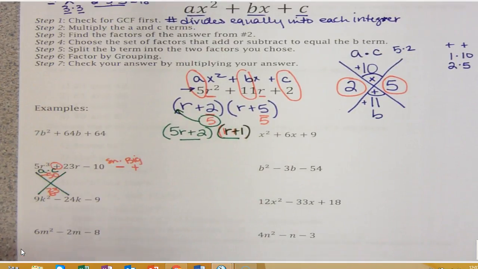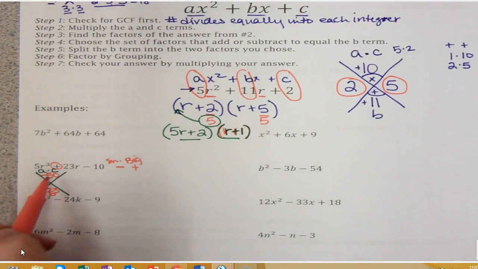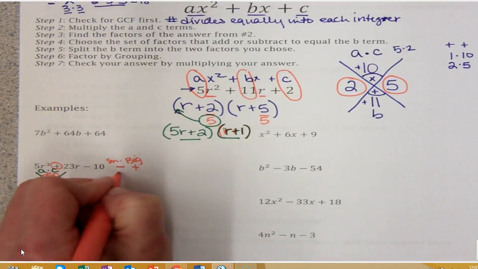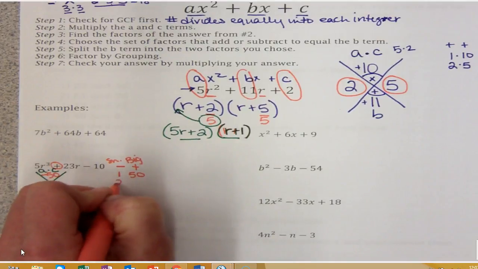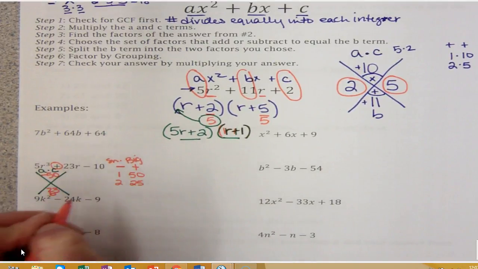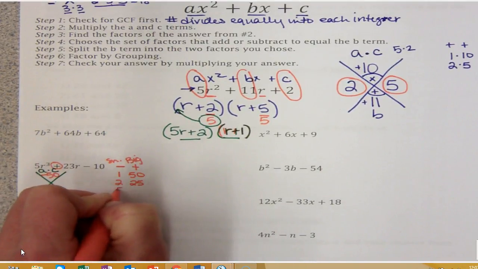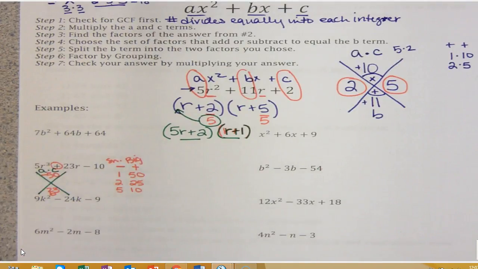So when I start looking at the factors of 50 and adding them up to 23, what am I going to look at? Well, I know that 1 and 50 multiply to give me 50. I know 2 and 25 and 5 and 10.